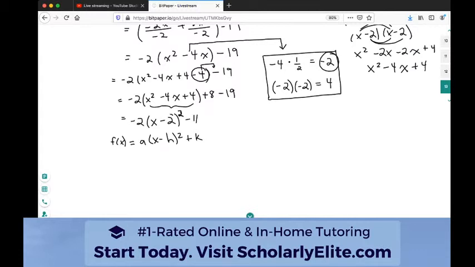So if this was negative 2, in the answer for the vertex, it's going to be positive 2. And that has to do with the fact that the standard equation is negative h, okay? But we're not going to get into that too much. Just remember that rule, that this is negative 2. Excellent. And then this is going to be positive 2. But this stays the same, negative 11. So here it stays negative 11.